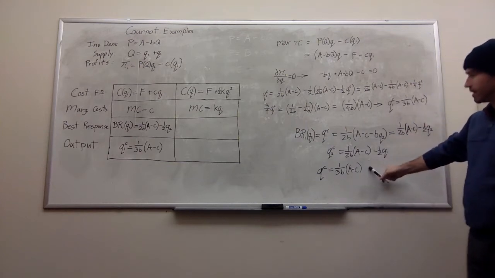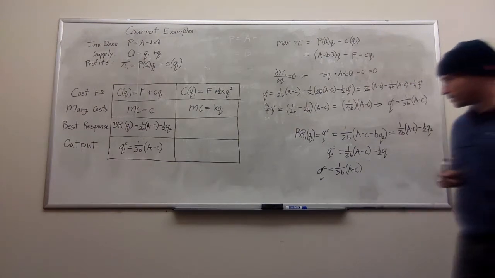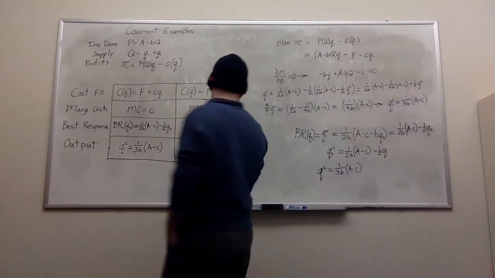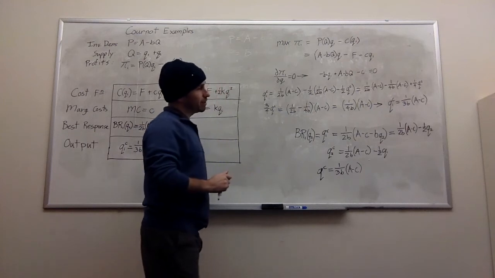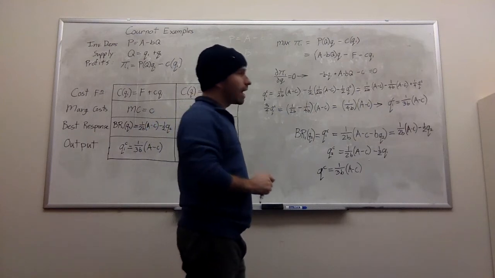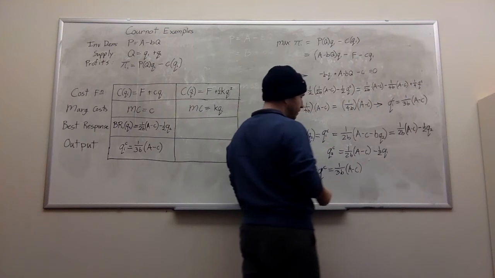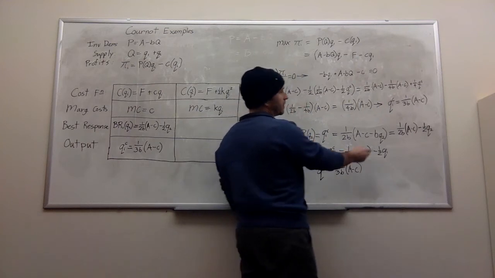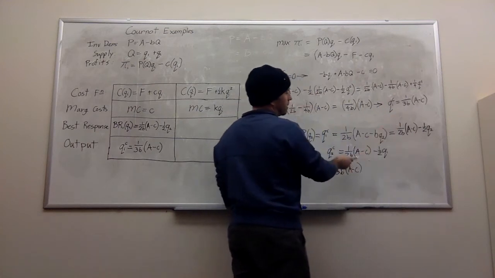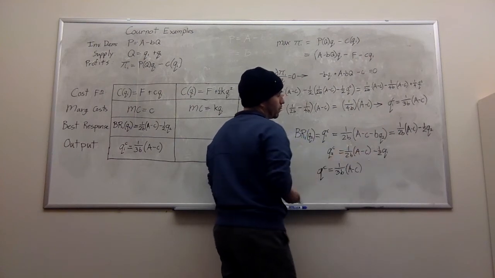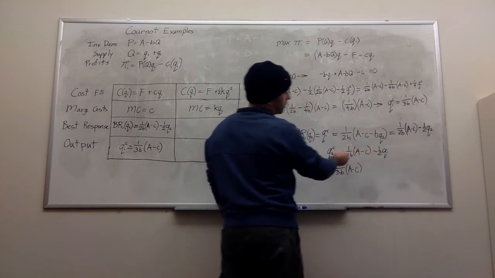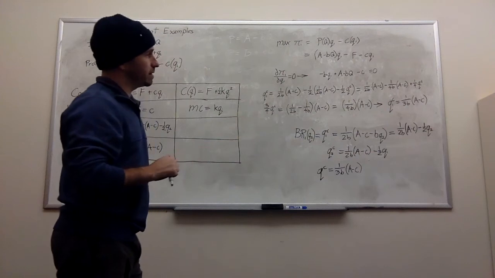Surprise, the exact same thing as I got when I just imposed that Q1C is equal to Q2C. And if you'd like, you can then also double, triple check, verify that you got this right by plugging in that value of Q1C right here and showing that Q2C ends up being the same.